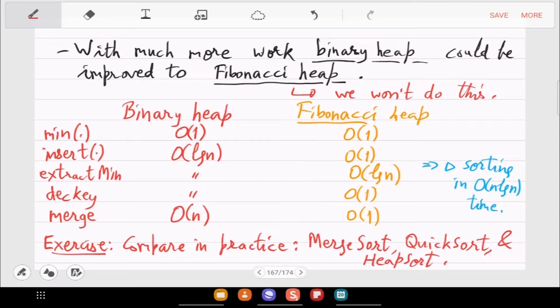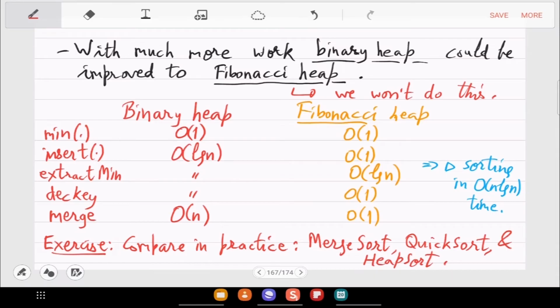Okay, so study their importance in practice. In practice, which one will you use? For different problems, quick sort may be better than merge sort, although theoretically or asymptotically they are all the same in the worst case. Any questions till now?